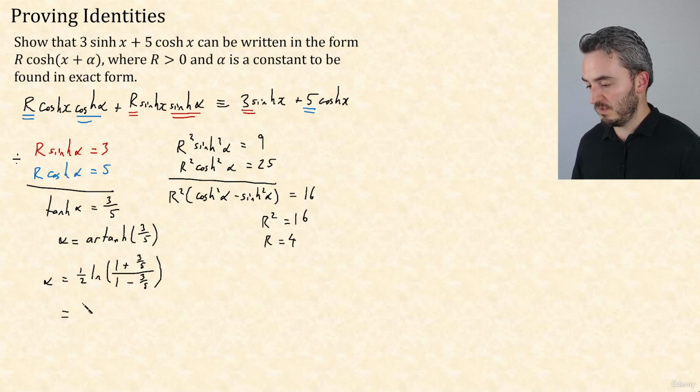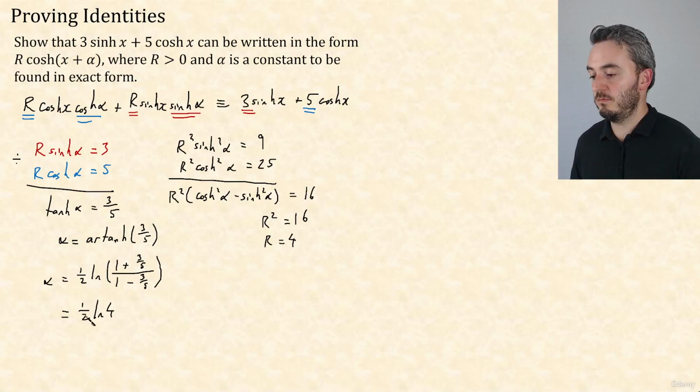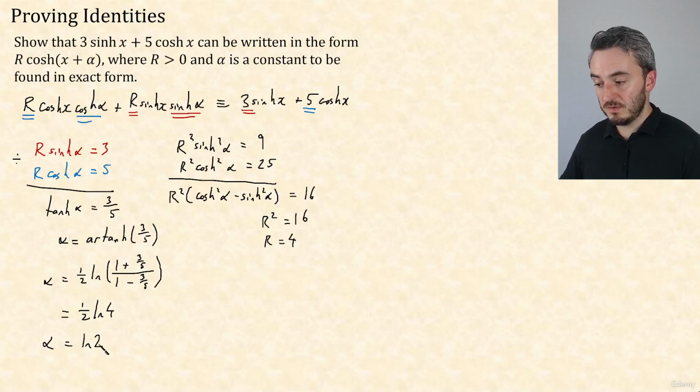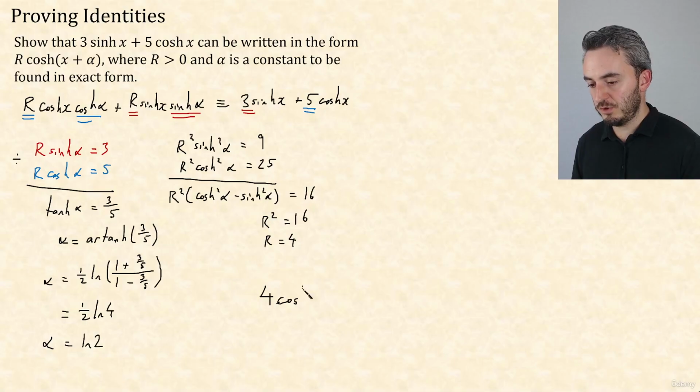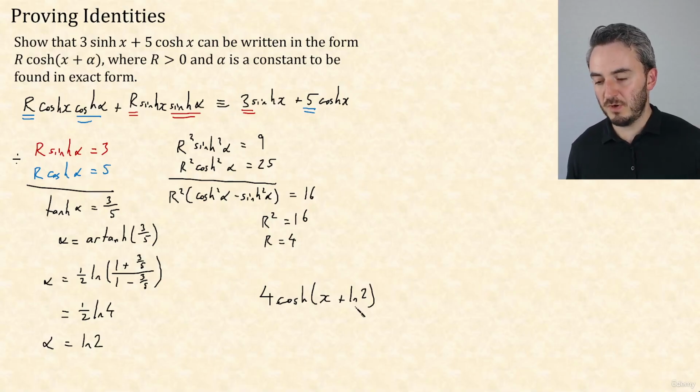That's nice and simple. So half ln 4. Oh, but look, 4 to the power of a half is 2, so alpha is ln 2. So there's our answer. We can write it in the form 4 cosh(x plus ln 2). And there's our hyperbolic version of harmonic form. We can do the same thing with sinh and cosh that we can do with sin and cos.